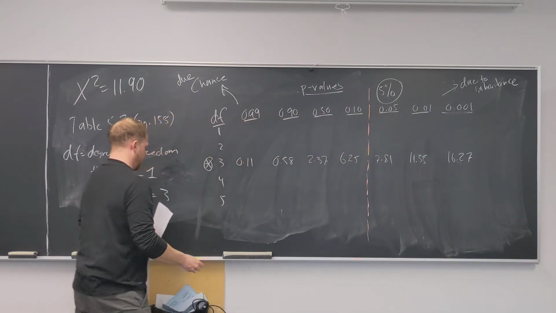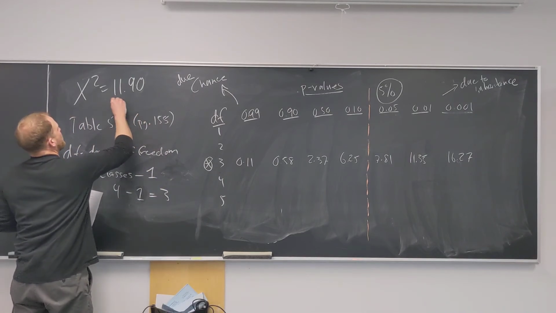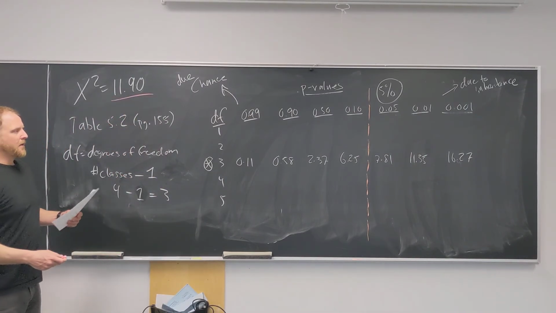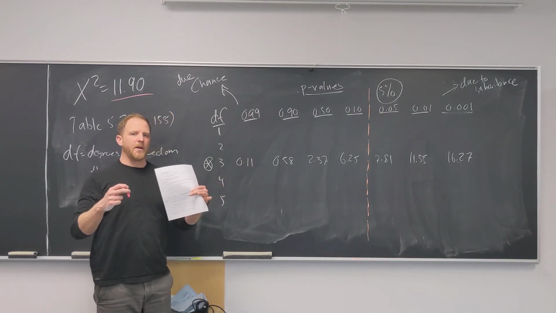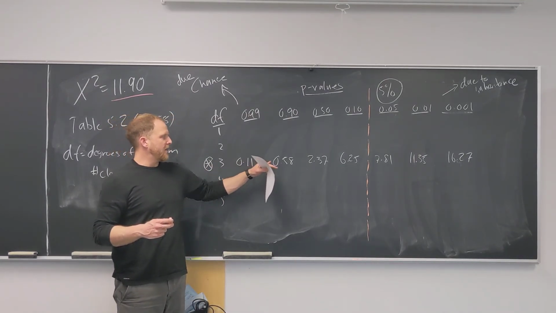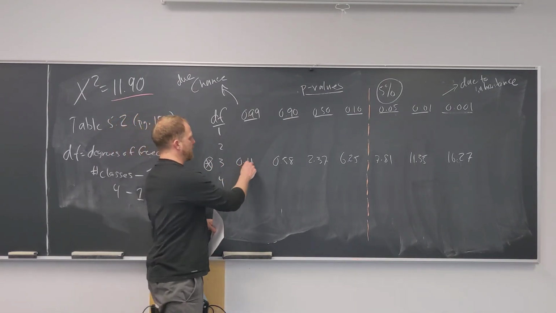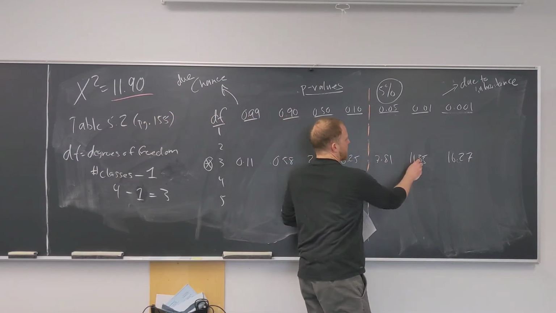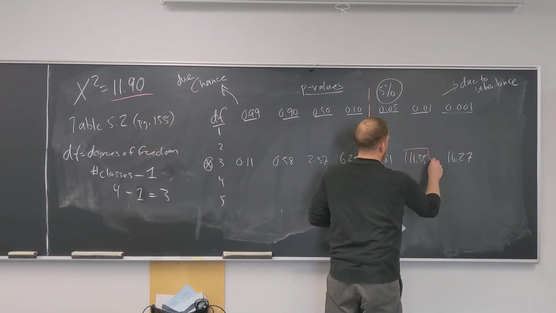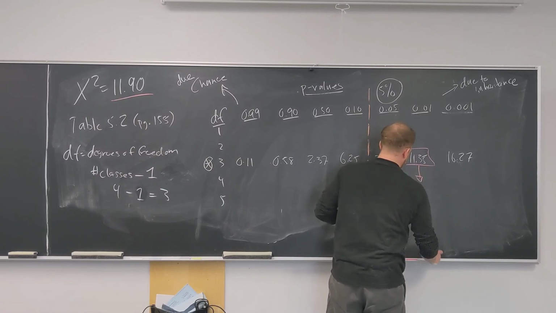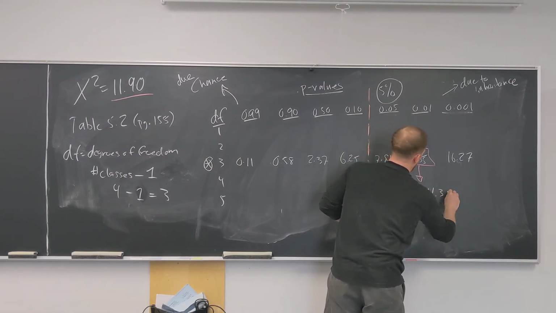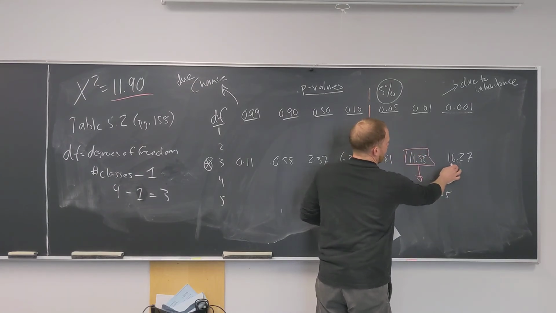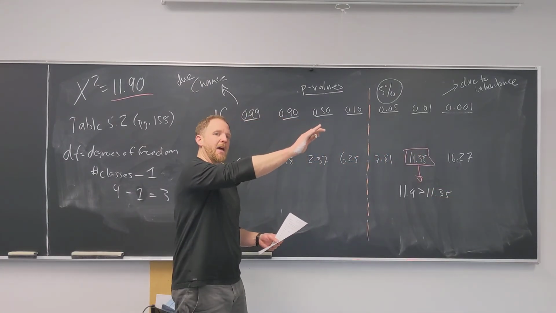All right. So this is our chi-squared value, 11.90. Basically, we want to find the point at which our chi-squared value is bigger than the number in this row. We keep going along, and we know that our chi-squared value of 11.9 is greater than 11.35. It's also less than 16.27, so we can't go past that threshold.